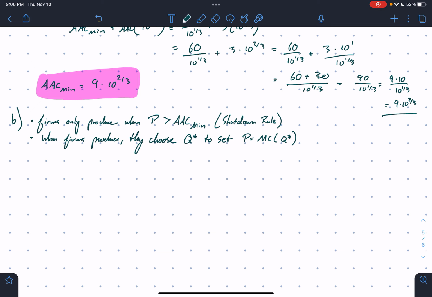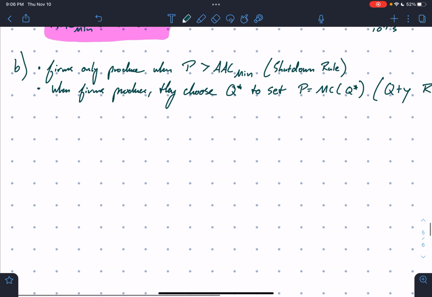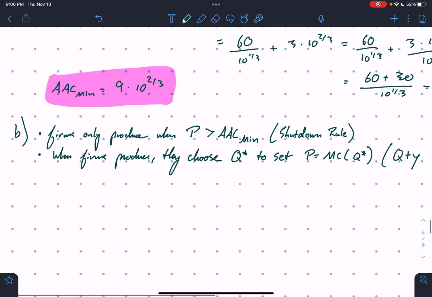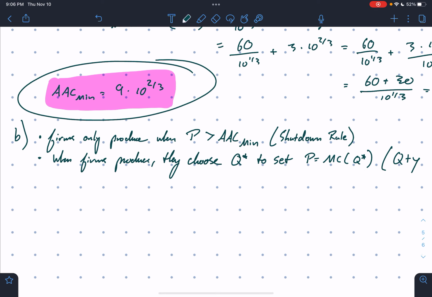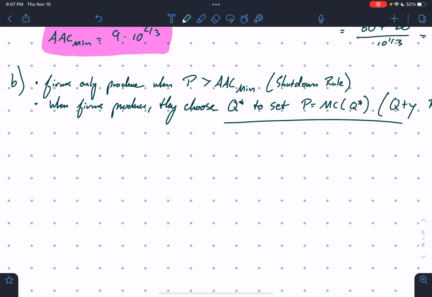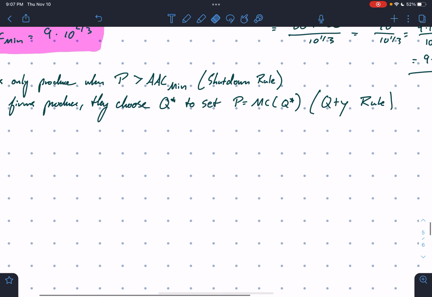These are the two rules. This is the quantity rule. All right, so the way that we can do this is we can say, we know firms will only produce when the price is greater than the average avoidable cost, and we found that in this part. So we're halfway. Now we just need to find the quantity that they do produce when price is greater than the average avoidable cost. So when they decide to produce, we just need to solve for what this Q is.